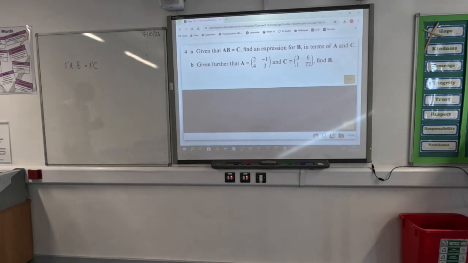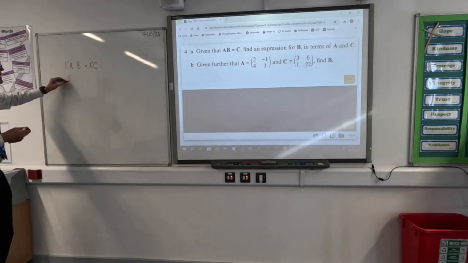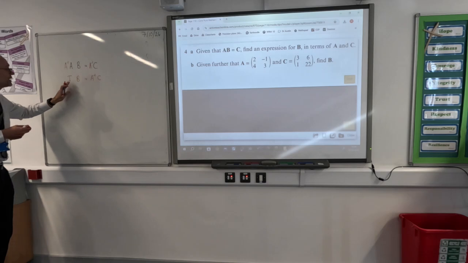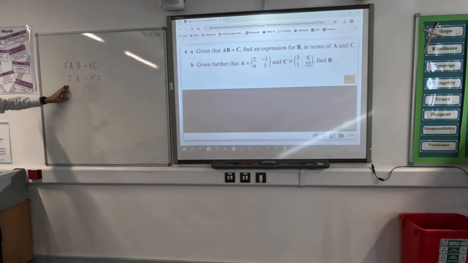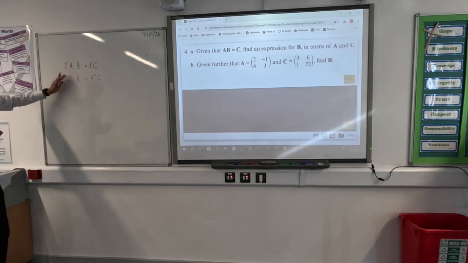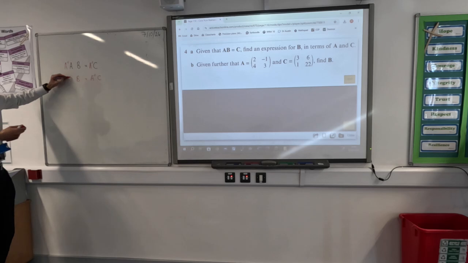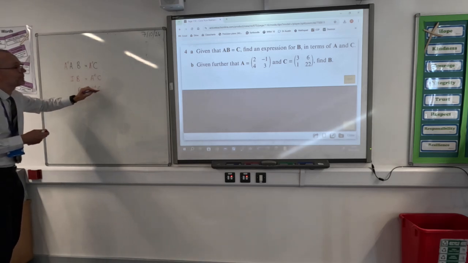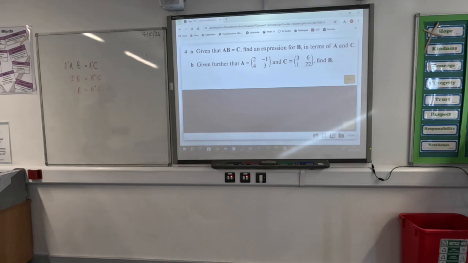You just cancel out the A and A minus 1. Yeah, this equals the identity matrix, doesn't it? And we know that when you multiply something by the identity matrix, you just get that something. And we tested that right at the very start. Now you might say, well, that's not in terms of A and C. Well, it is.